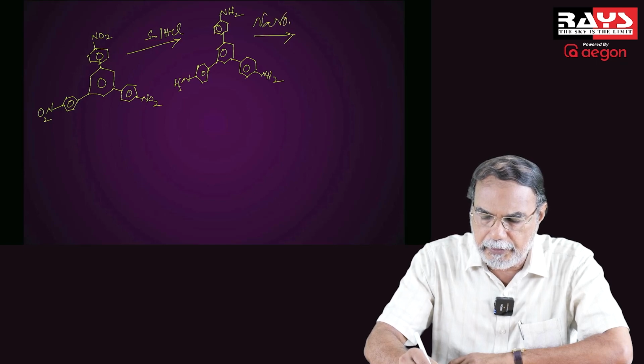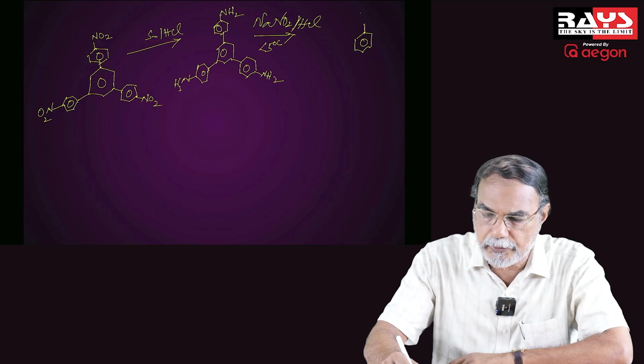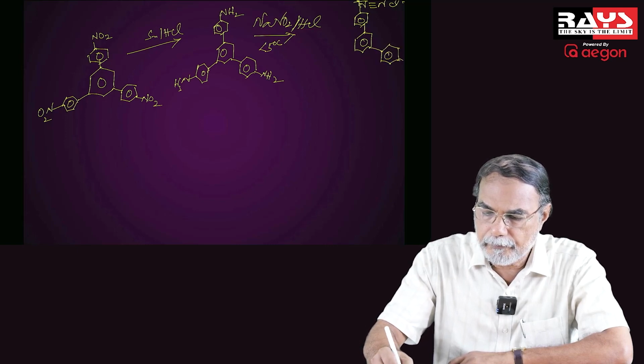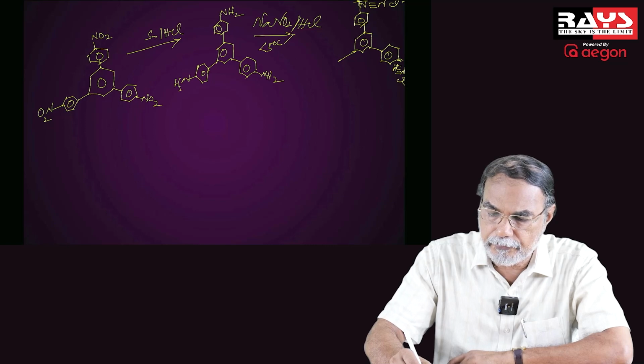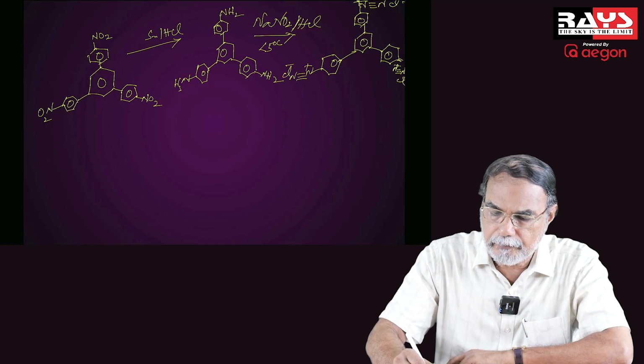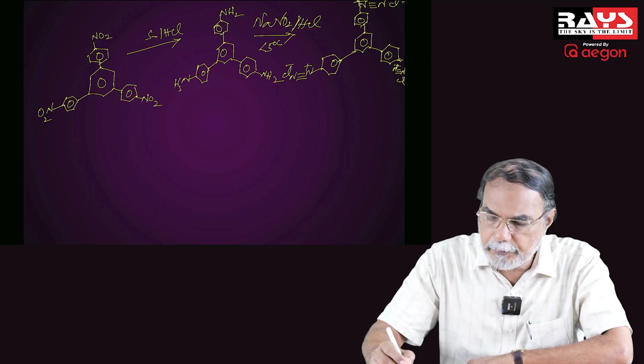So reaction with NaNO2 and HCl at a temperature less than 5 degrees Celsius gives the diazonium salt, with N triple bond N plus, Cl minus, and here also you have N triple bond N plus, Cl minus, and here also, and that is the product P.